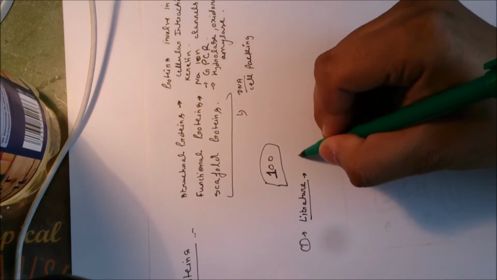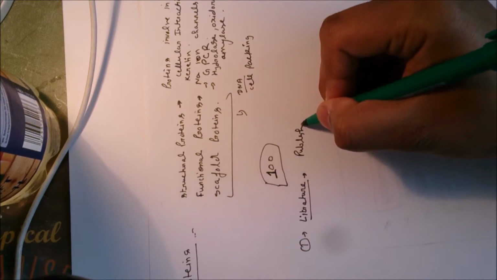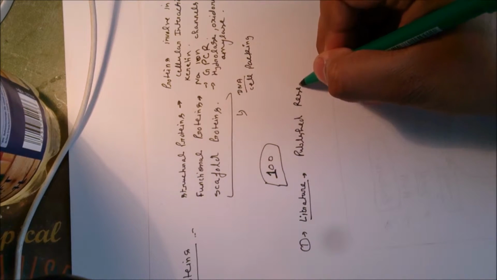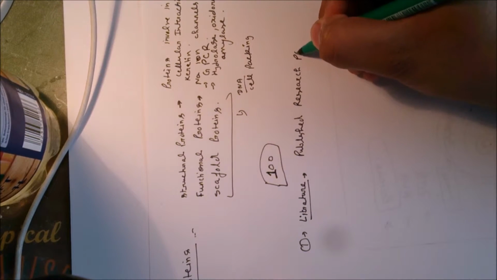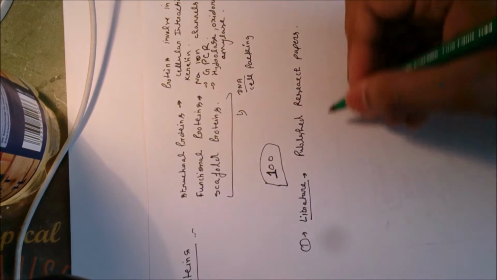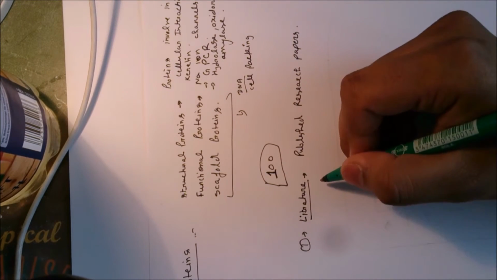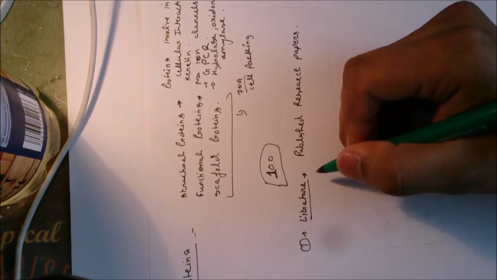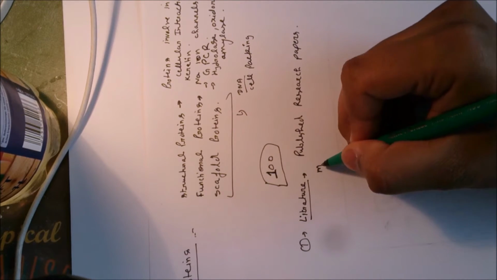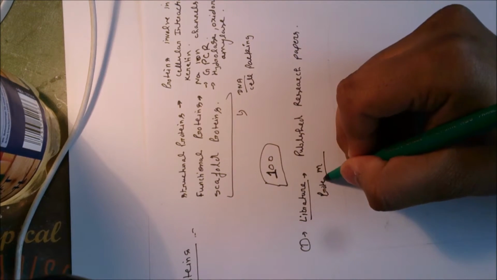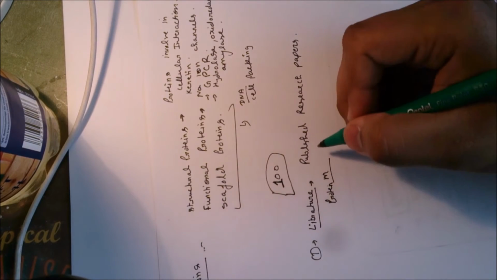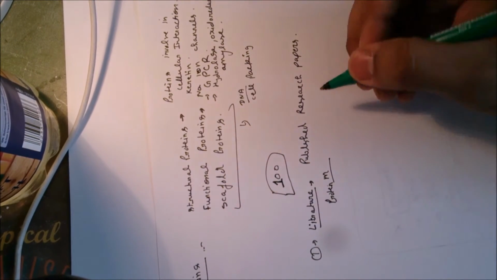So the literature means published research papers. For example, a research paper is talking about a protein M, okay? And they actually characterized the protein M in their research paper.